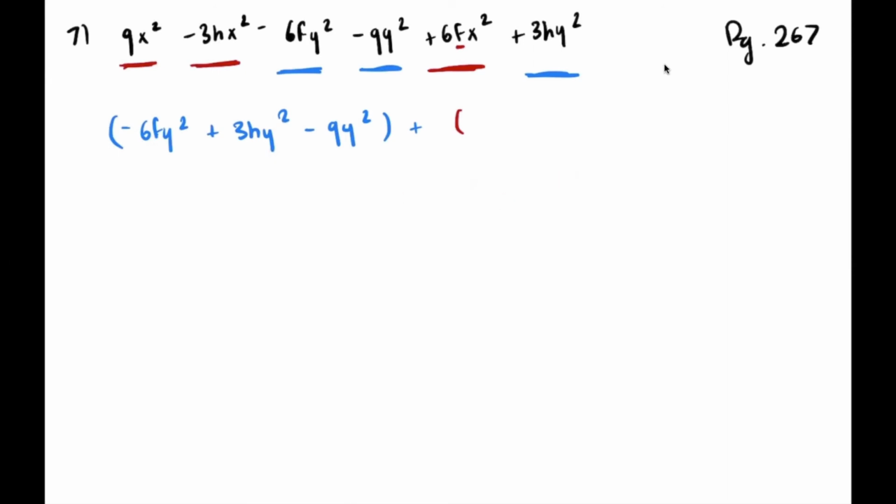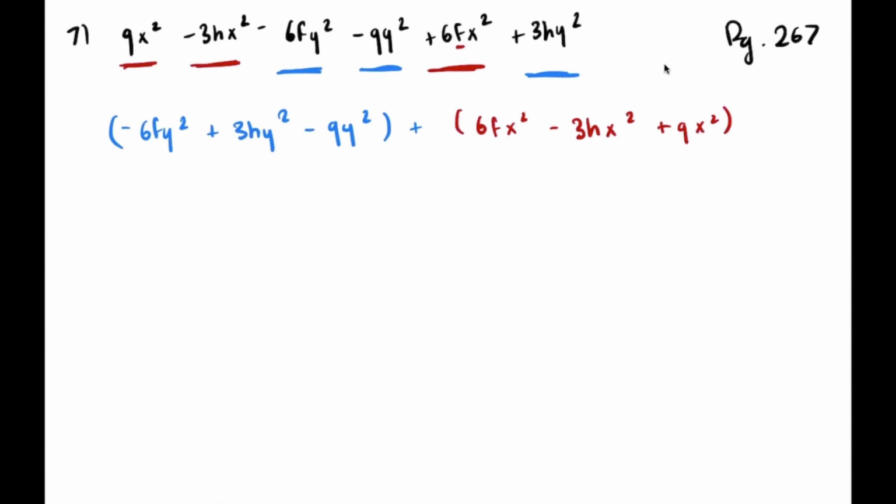So it will be 6fx squared minus 3hx squared plus gx squared. Okay, now we have our two groups. Now we should use the technique that I've talked about before, finding the greatest common factor in each of these two groups to be able to factor this polynomial.